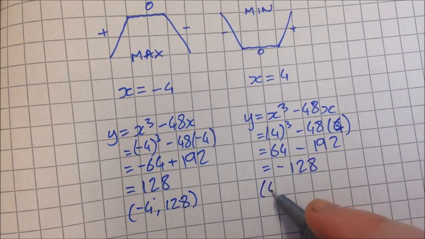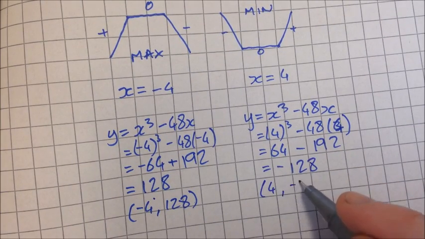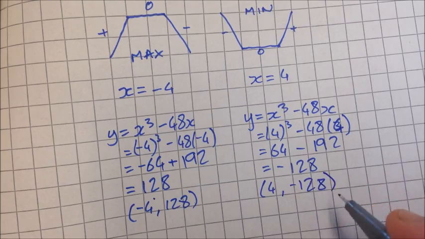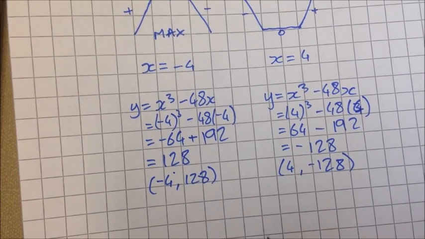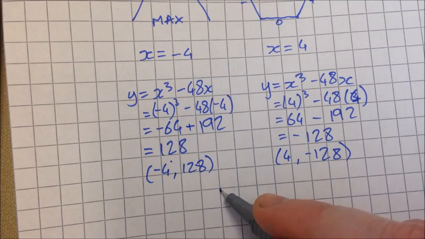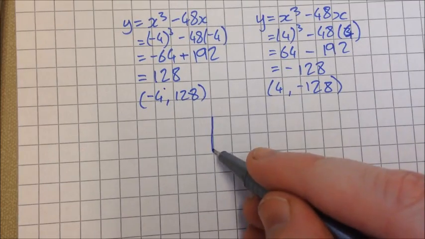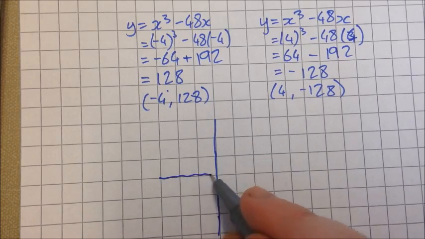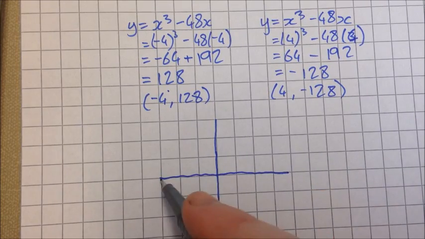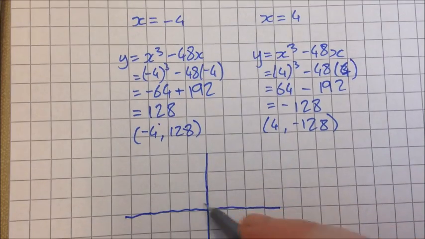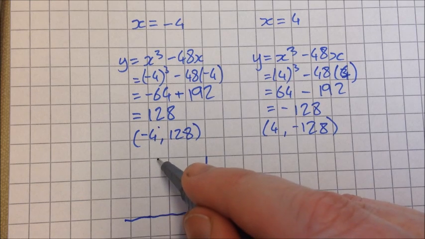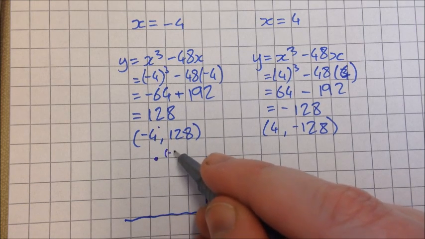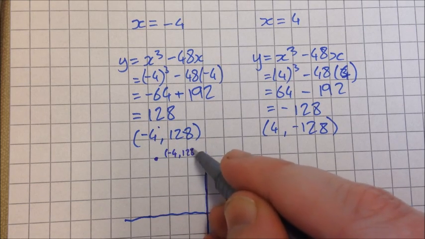So it's just these coordinates flipped round, isn't it? So if I was to draw this, we know that -4, 128 is a point.